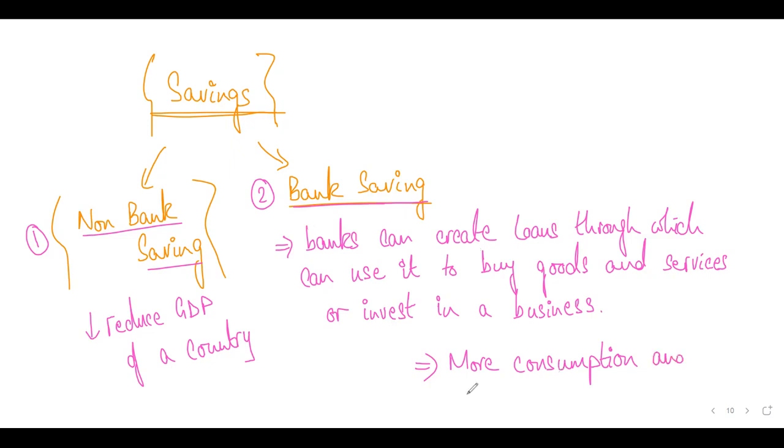Investment would result in more economic activity and more GDP eventually. More consumption, investment results in higher economic activity. Right? Is it simple? Any confusion? Anything that's not clear? Right? We good on this?